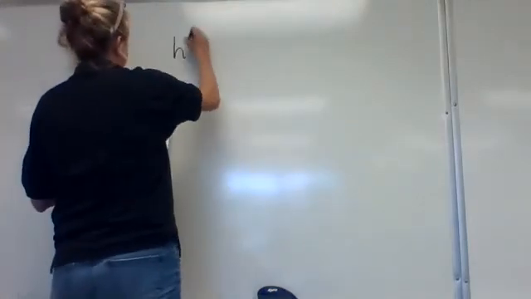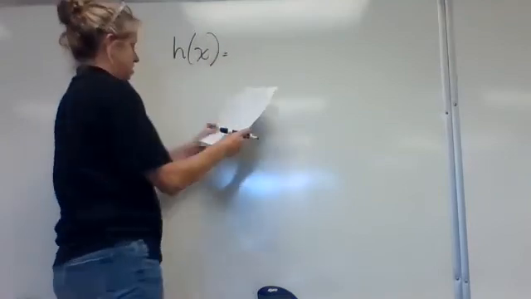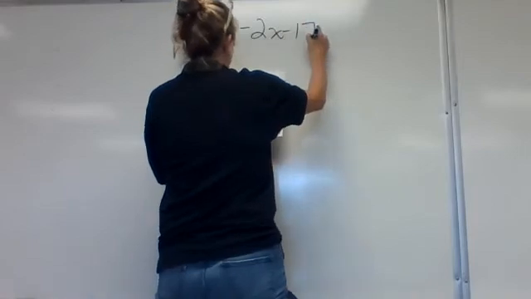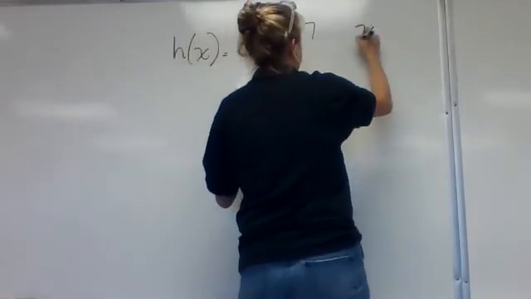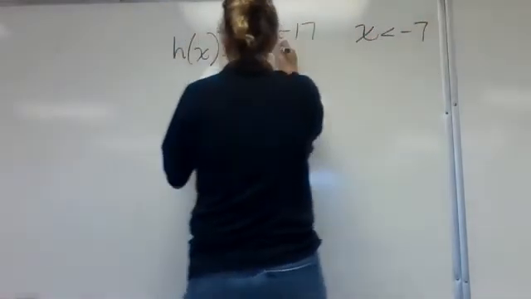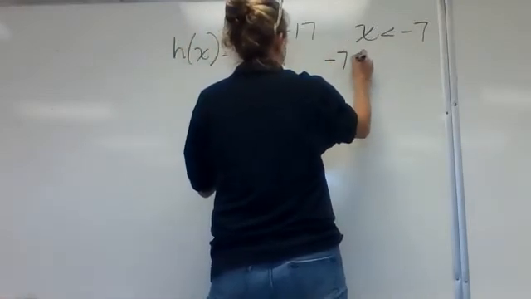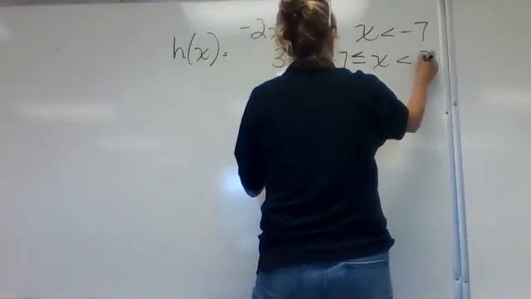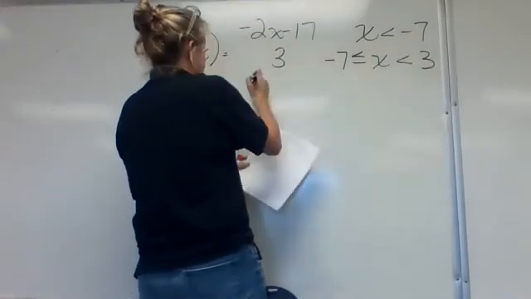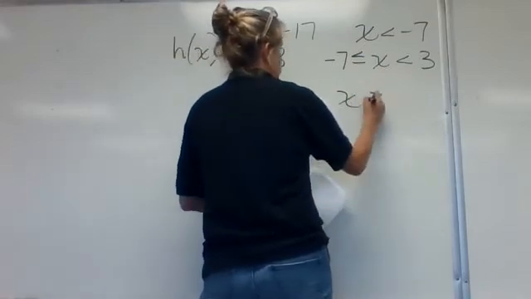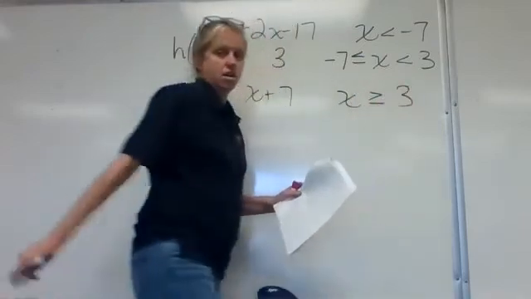All right, so h of x is negative 2x minus 17 for when x is less than negative 7. It's just plain old 3 for when negative 7 is less than or equal to x, which is less than 3. And it's x plus 7 for when x is greater than or equal to 3.